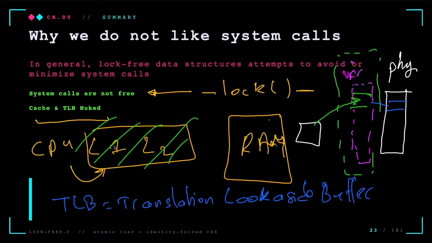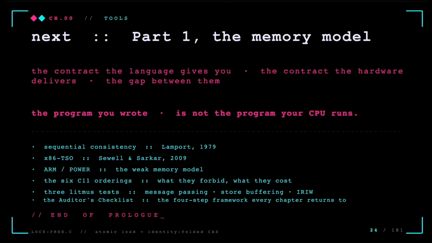The CPU contains a cache of the most frequently accessed virtual to physical addresses. You can think of it as a local map from virtual to physical so that the lookup is faster. And when you switch to kernel space, this cache is also nuked.